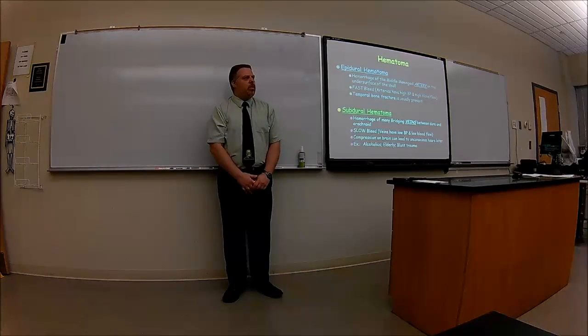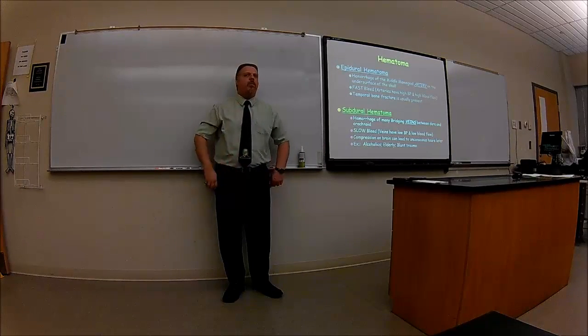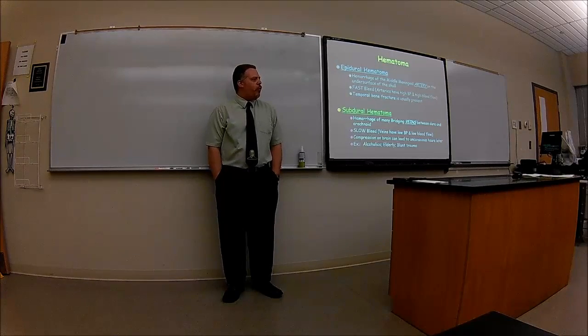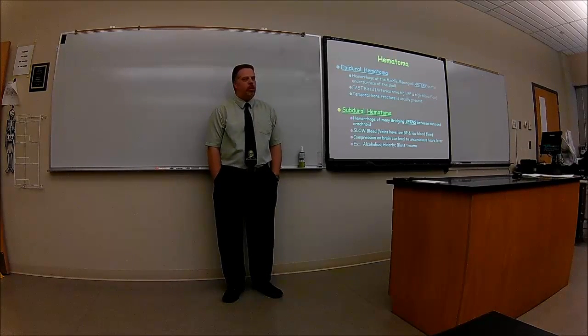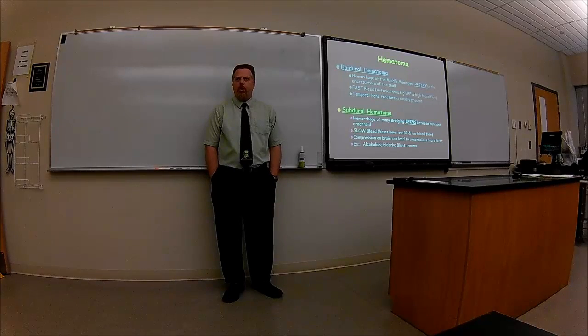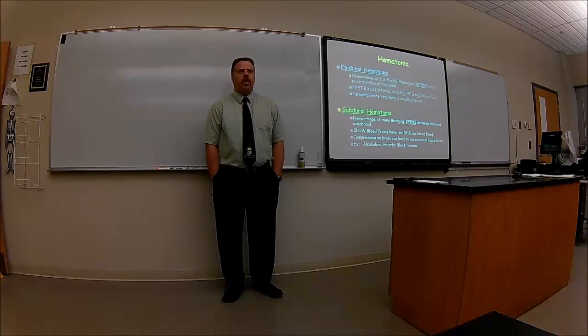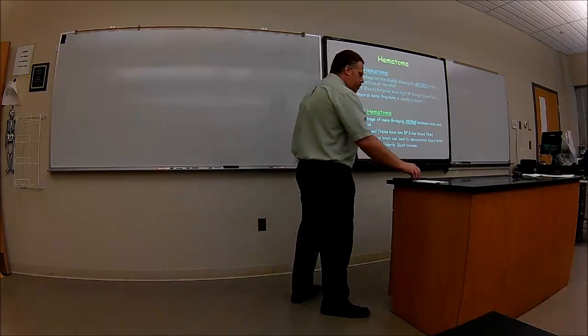All right? So that's why a lot of times the elderly, alcoholics, they want to keep the patient there at the hospital overnight for observation to see if this is what's happening or not, if it's such a slow leak. Okay? Questions about that?